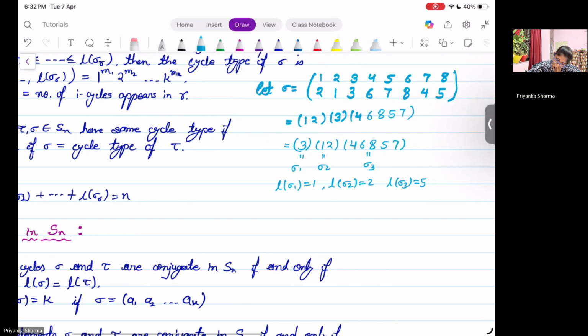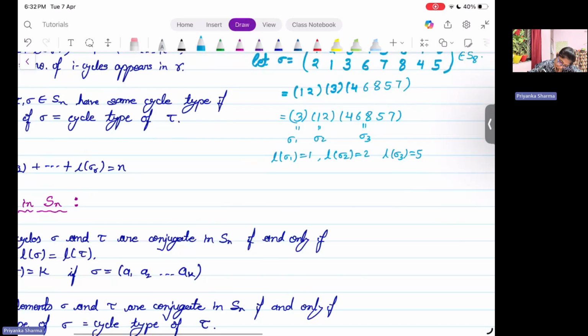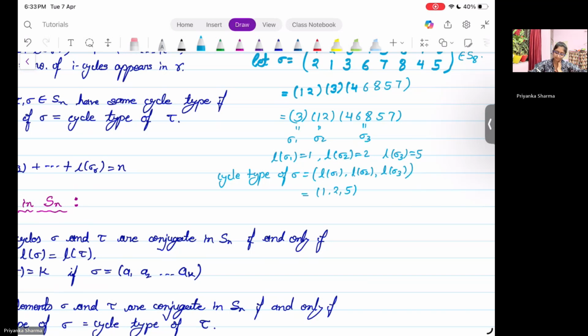So length of sigma 1 plus length of sigma 2 plus length of sigma 3 is 1 plus 2 plus 5, that is 8. And that is true, as we took an element of S8. And what is the cycle type? Cycle type of sigma will be L of sigma 1, L of sigma 2, L of sigma 3. That is 1, 2, 5.